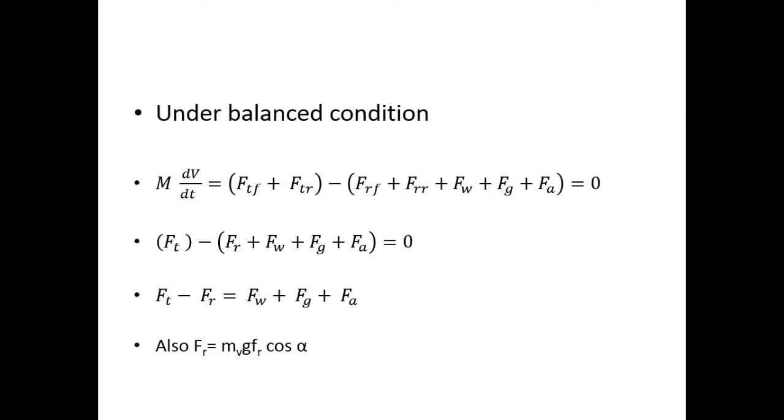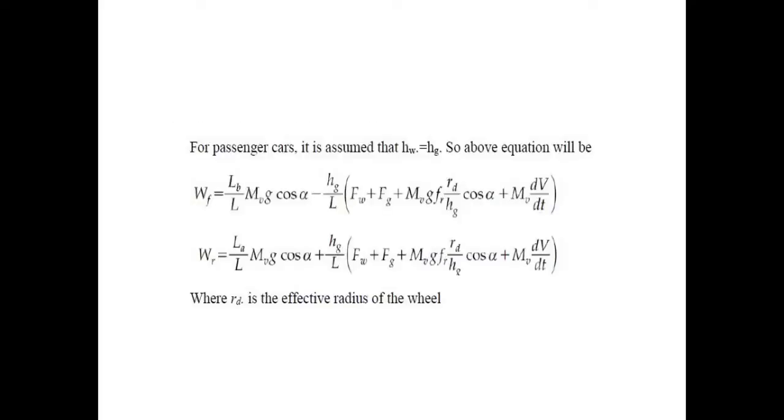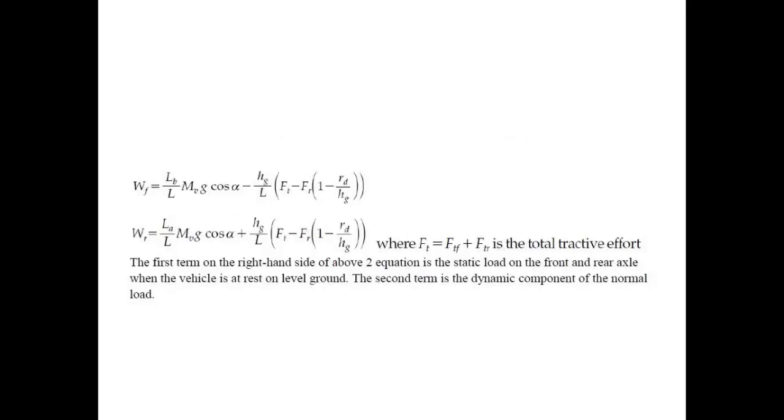So by substituting the second part as Ft minus Fr, we can simplify the above expression, because the second part consists of Fw plus Fg plus Fa, which is indicated as MV dv by dt, and substituting MV g small fr as capital Fr, we can simplify this expression: Wf equals Lb by L MV g cos alpha minus Hg by L into Fr R dynamic by Hg plus Ft minus Fr, that is Lb by L MV g cos alpha minus Hg by L Ft minus Fr into 1 minus R dynamic by Hg, where Ft is the total tractive force, indicated as Ftf plus Ftr.